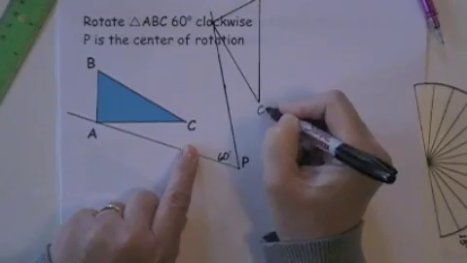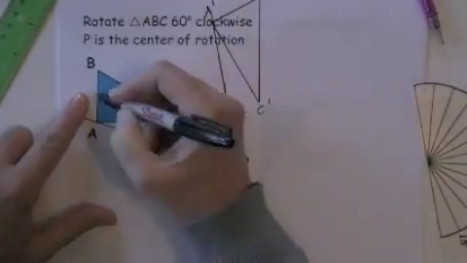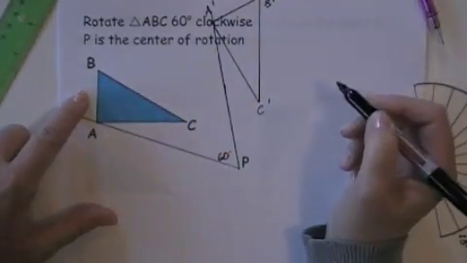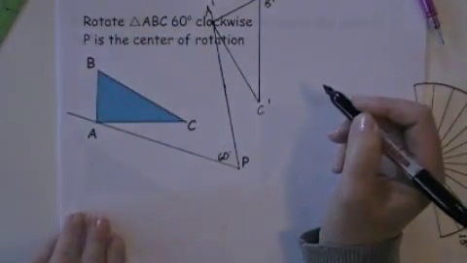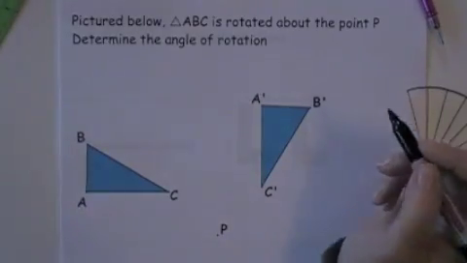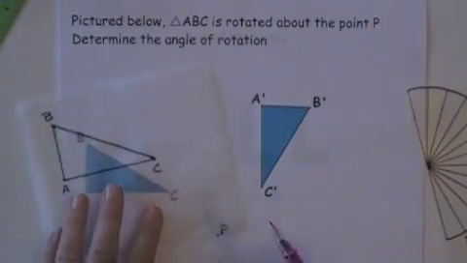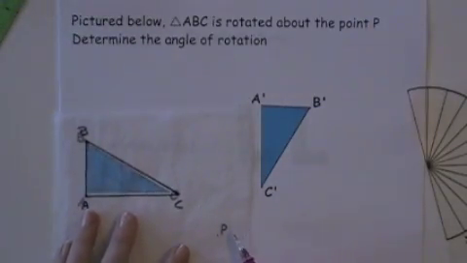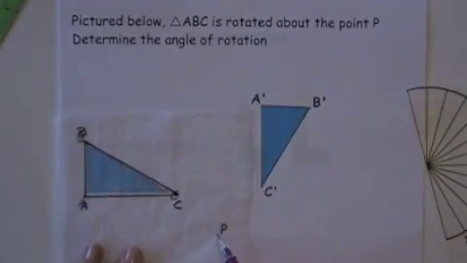Point C has traveled 60 degrees, point A has traveled 60 degrees, and point B has traveled 60 degrees. As A rotated, the whole triangle rotated with it. In this example, you can already see that the triangle's been rotated. I can verify that with my tracing paper. I'm going to put my pencil on point P, and sure enough, that is a rotation.